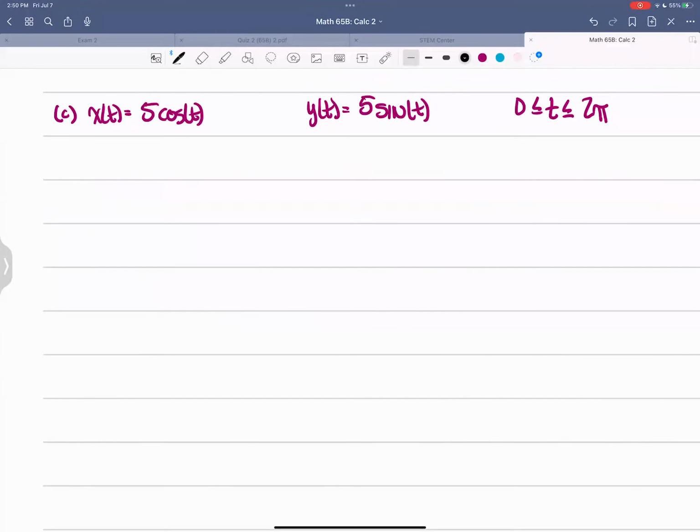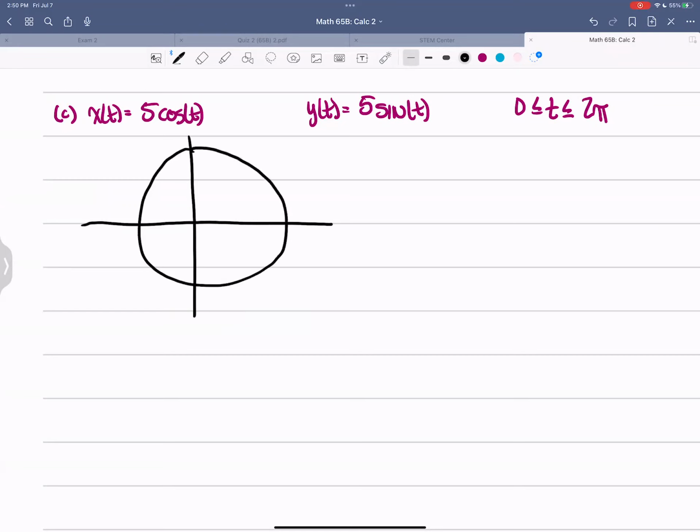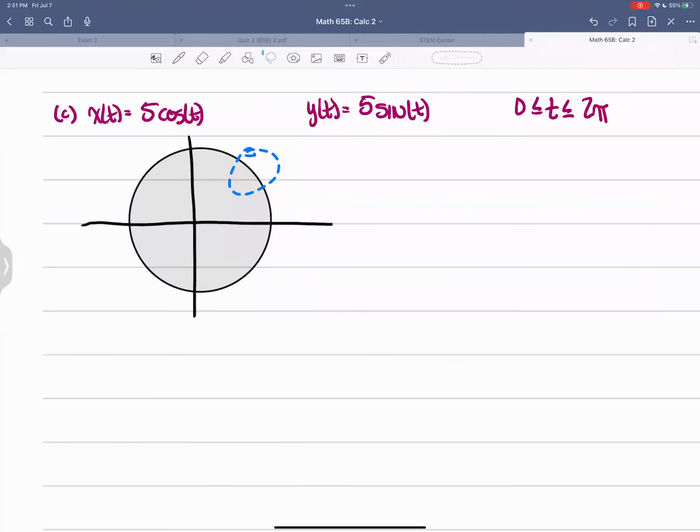So let's draw that out really quick. Oh, I guess it's not.